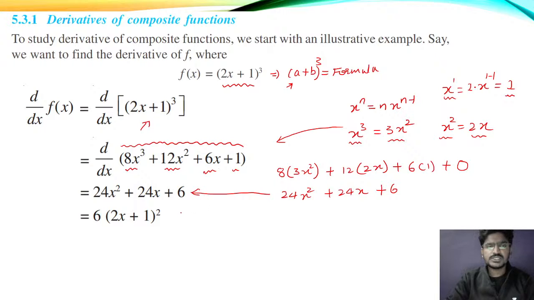From this, we shall now write it as 2x plus 1 whole square. Taking 6 common from 24, 24, 6, it is going to be 6 times 4x square plus 4x plus 1. Here this is a square, this is b square, and this is 2ab, so it will be 2x plus 1 whole square.